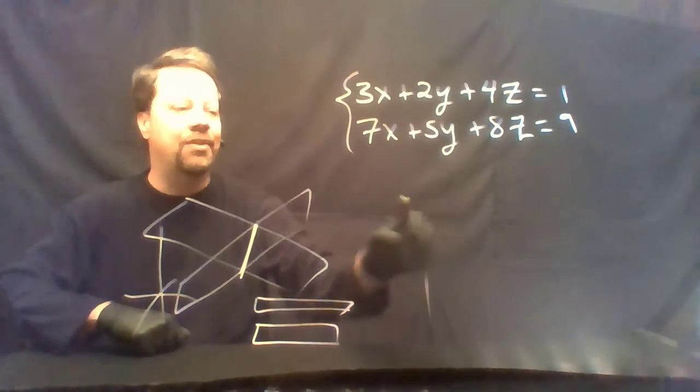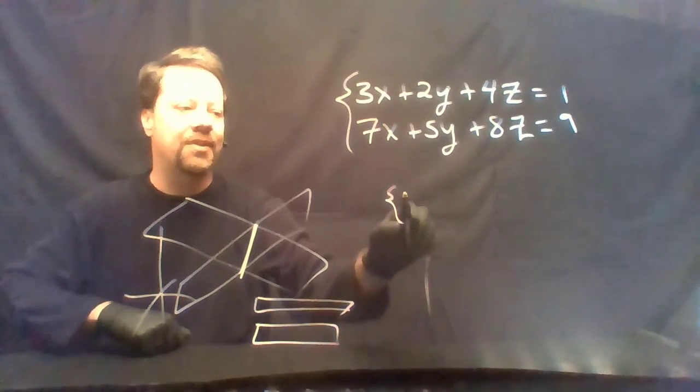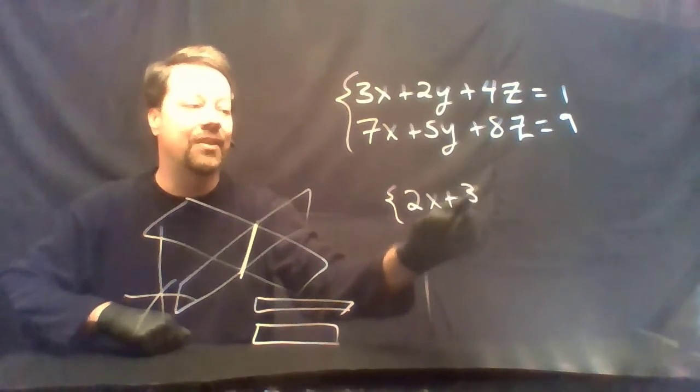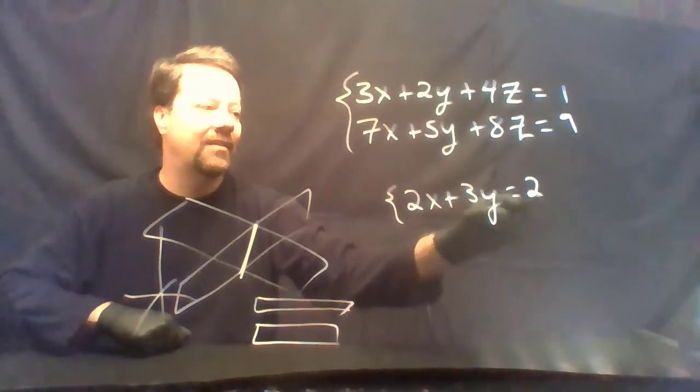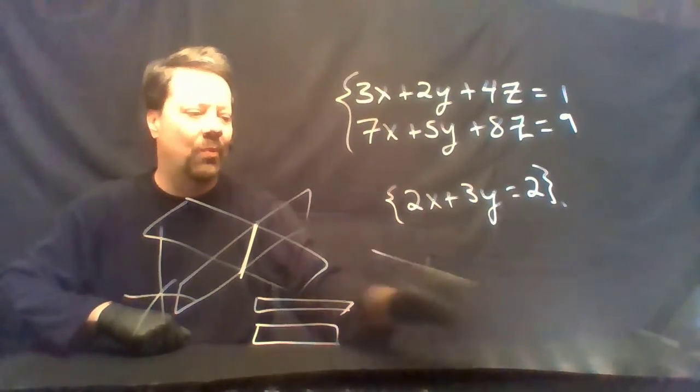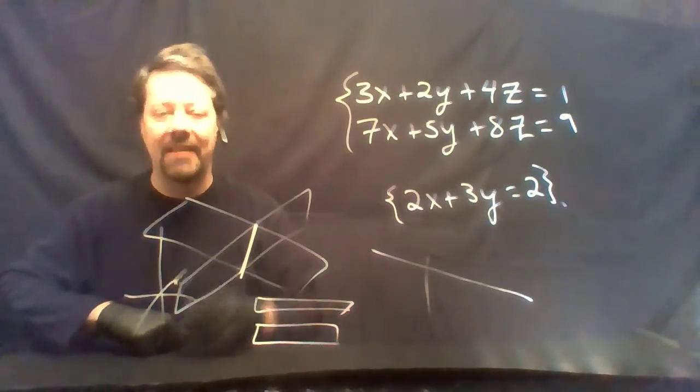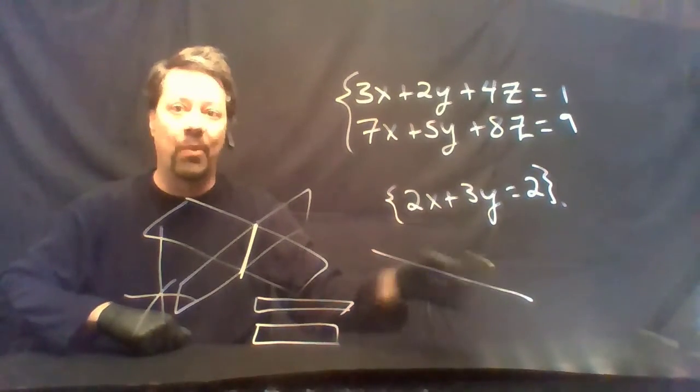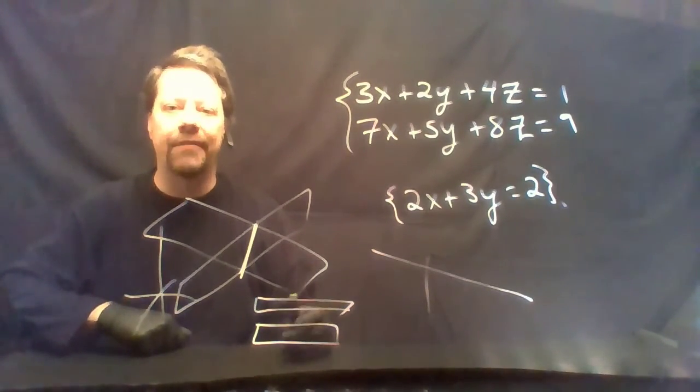If you have only two variables, an underdetermined system is just a single equation, like this. And if you have only one equation of a line, then the set of solutions will be every point on that line. It will be infinite.